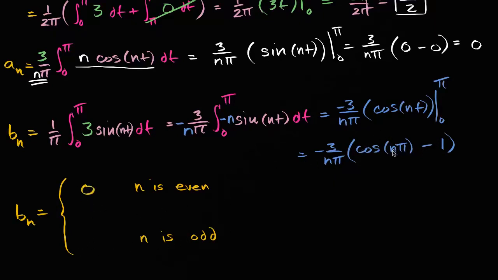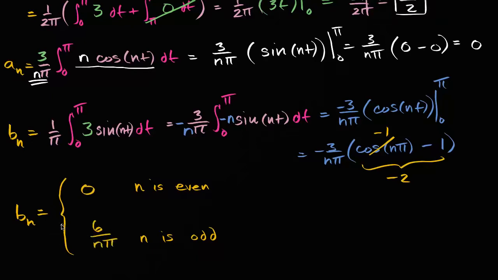And if n is odd, cosine of pi, cosine of 3 pi, cosine of 5 pi, well, those are going to evaluate to negative 1. Then it's going to be negative 1 if n is odd. Negative 1 minus 1 is negative 2. And so this is all going to be negative 2. Negative 2 times negative 3 over n pi is going to be 6 over n pi.